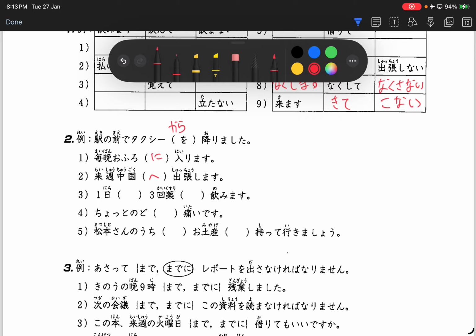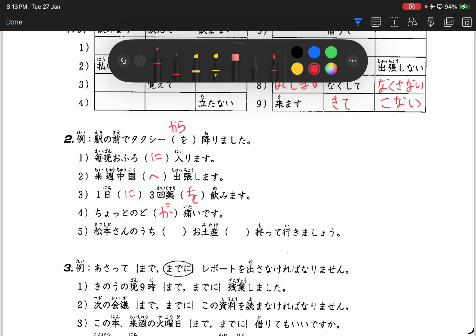Number 3, 1日に3回、薬を飲みます。Thank you. Number 4, ちょっと喉が痛いです。Very good. It's the particle ga, because with 痛い something must be in pain, so you must use ga.